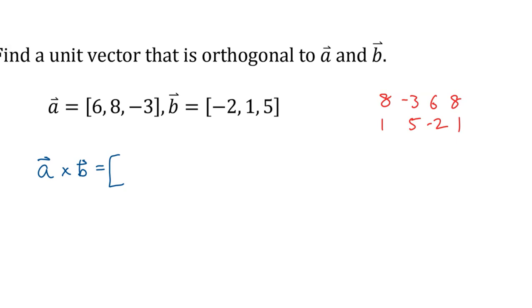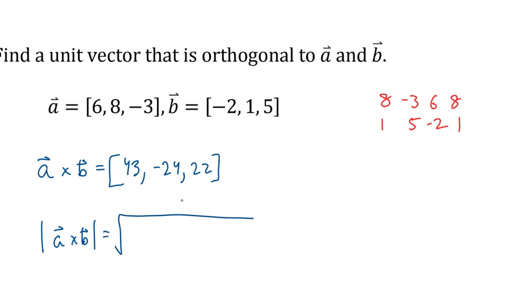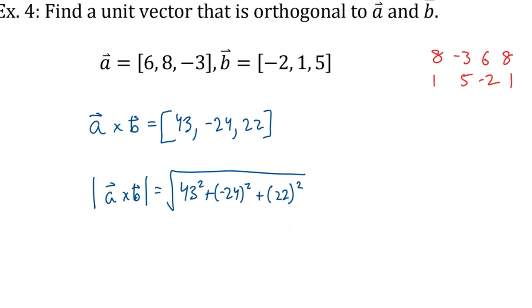So 40 minus negative 3 is 43. 6 minus 30 is negative 24. And 6 minus negative 16, 6 plus 16 is 22. Oh, I'm not doing that in my head.